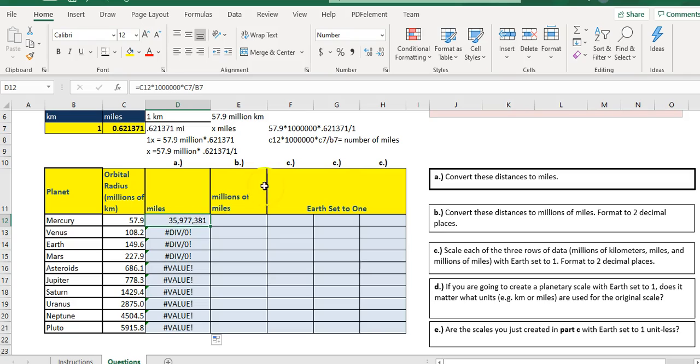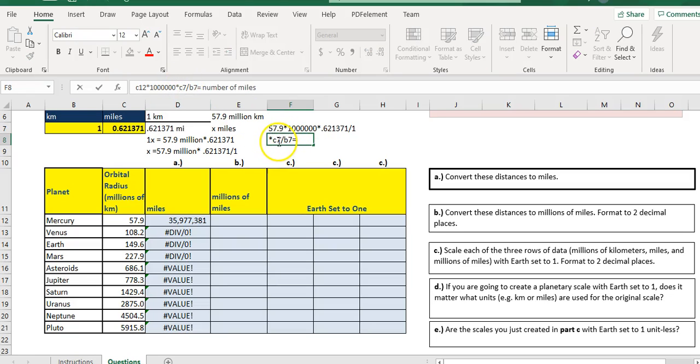So we need to go back and talk about our absolute referencing. The C7 and B7 will never change. It's always going to be C7 and B7. So remember, absolute referencing allows us to put a $ in front of the C and a $ in front of the 7, and that will prevent the C and the B from ever changing, so that when I drag them, they're treated as constants and they never change.